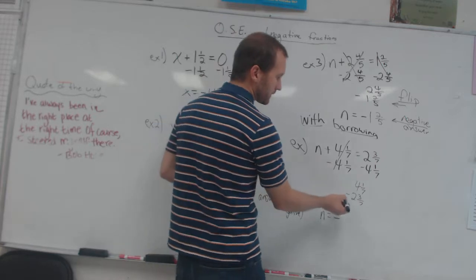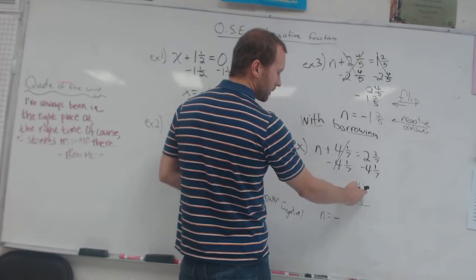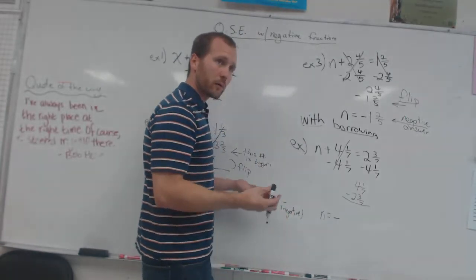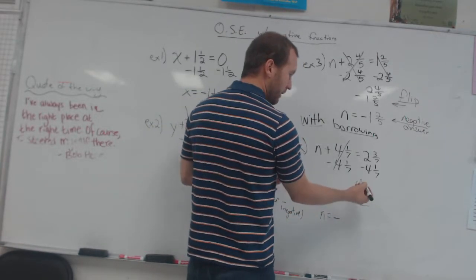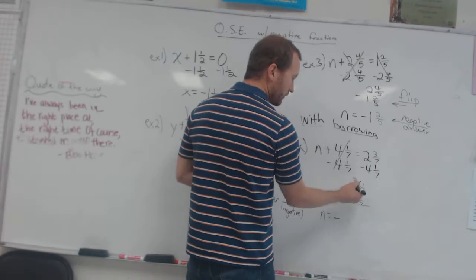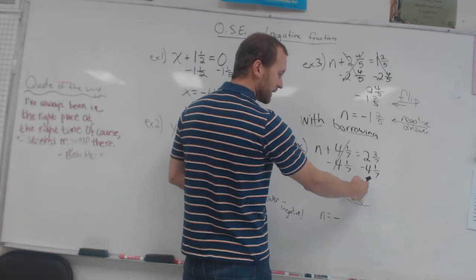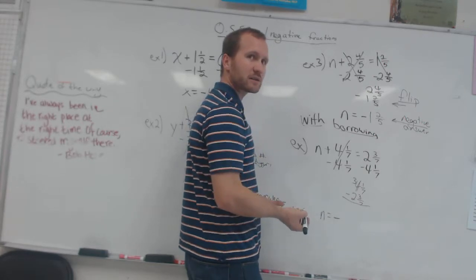But now what happens? I can't take 3/7 away from 1/7. You guys have done this before though. What do I do when I can't take my fraction? I borrow. I make the 4 into a 3. I borrowed 7/7 and I have 1/7. So how many sevenths do I have now?